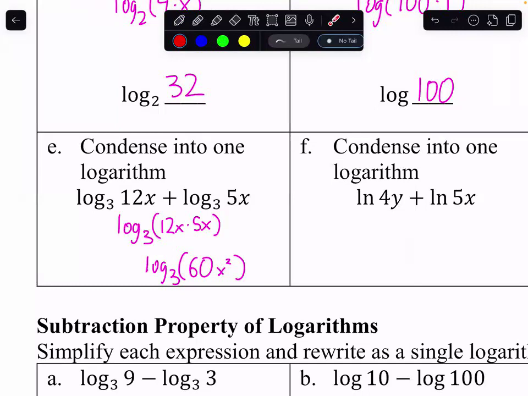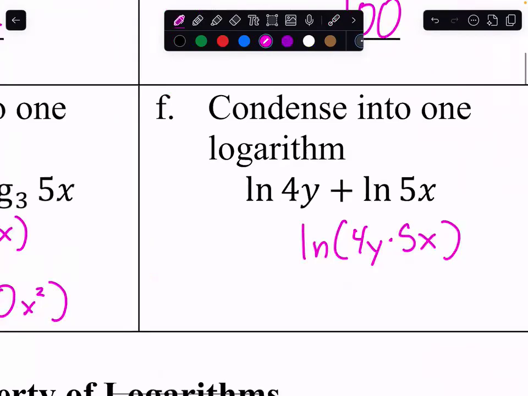So hopefully what you did is you kept the type of logarithm. So it's still going to be a ln, a natural log. But then you would multiply 4y by 5x. So again, you just multiply the coefficients first, and then you multiply the variables. So x and y are different letters, so they don't combine. You just keep both of them.